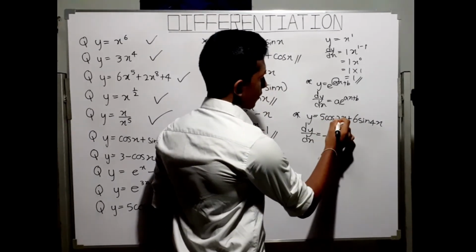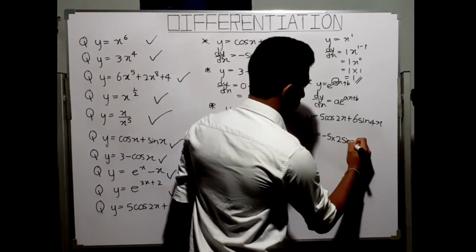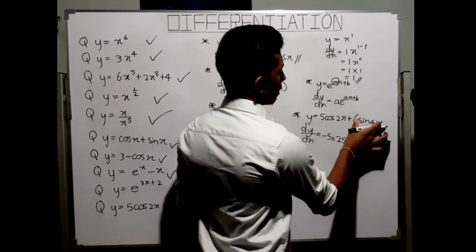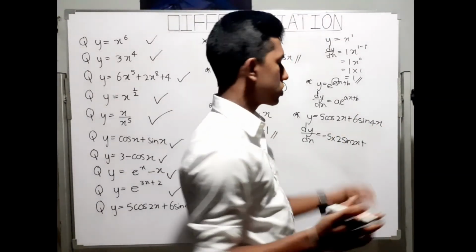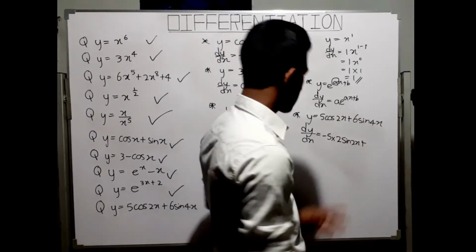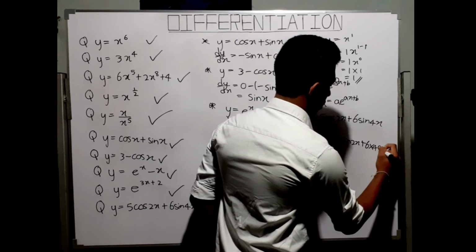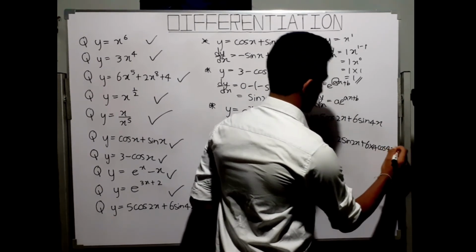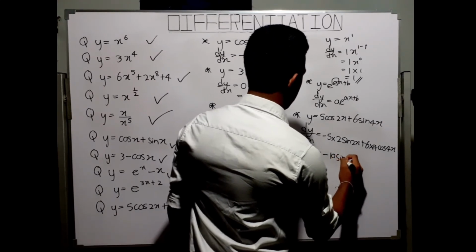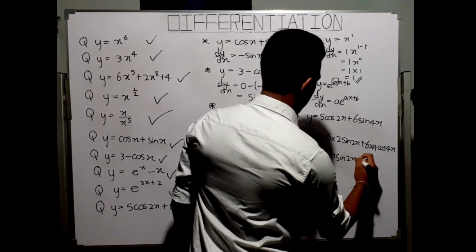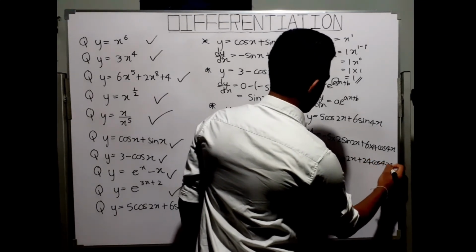The minus sign is from the cos turning into sine, so it's going to be sine 2x plus, now when there is 6 sine 4x, so sine ax, once you differentiate it, it's going to be a cos ax. So you take 4 out, which is going to be 6 multiplied by 4 cos 4x. So this you can write as minus 10 sine 2x plus 24 cos 4x.